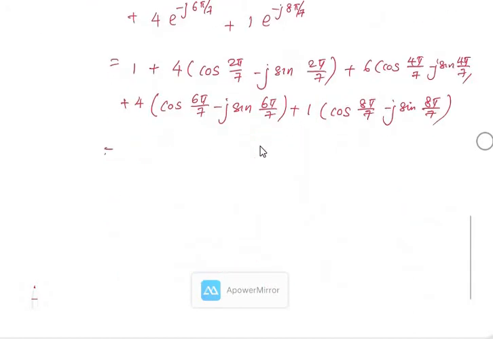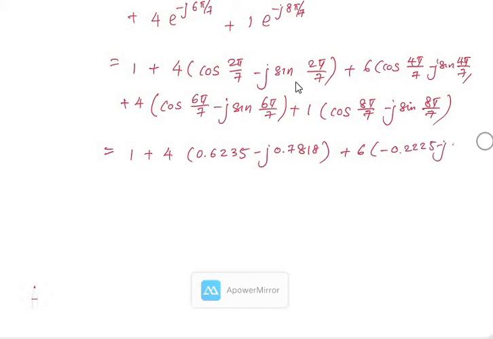Okay, and then this is equivalent to, when you solve this one, I have 1 plus 4 times 0.6235 minus j 0.7818, plus 6 times negative 0.2225 minus j 0.9749, plus 4 times negative 0.9009 minus j 0.4339, plus negative 0.9009 plus j 0.4339. I already pressed the calculator and I get the answer like this.